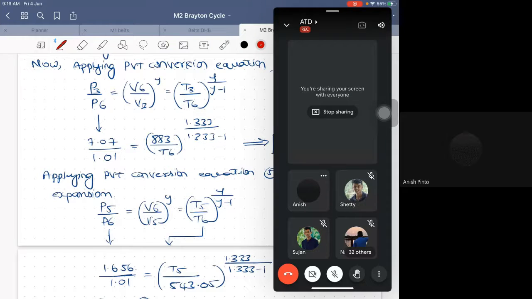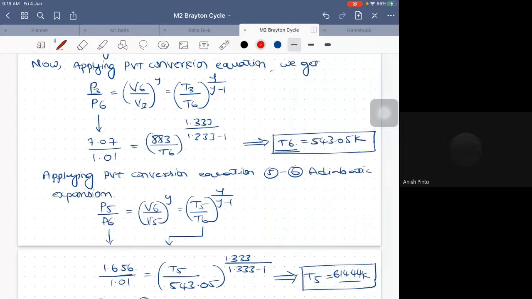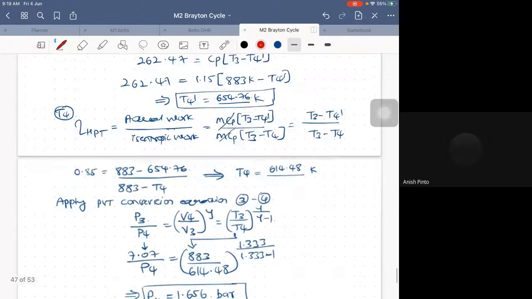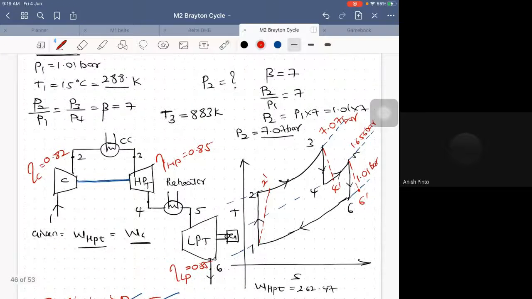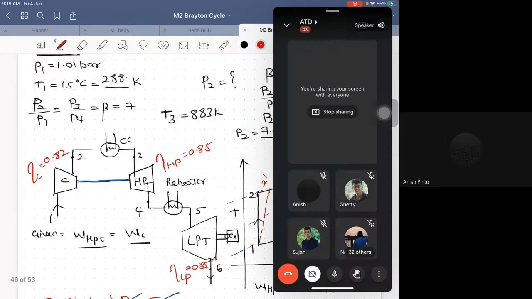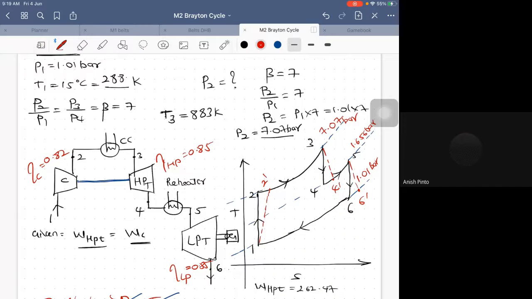So efficiency is given, then we have to know. I think there is no requirement of calculation of T5 dash, isn't it?